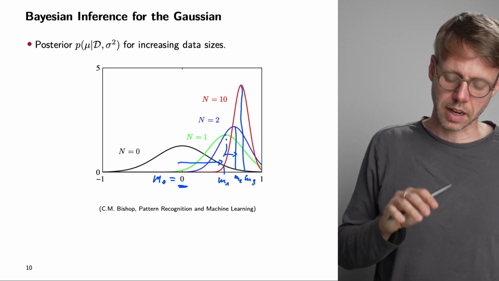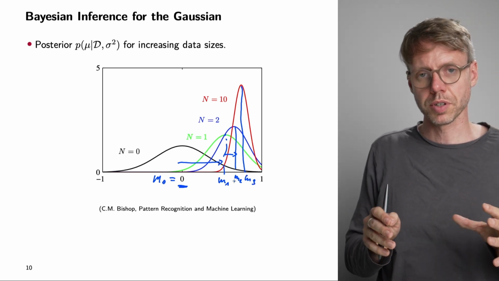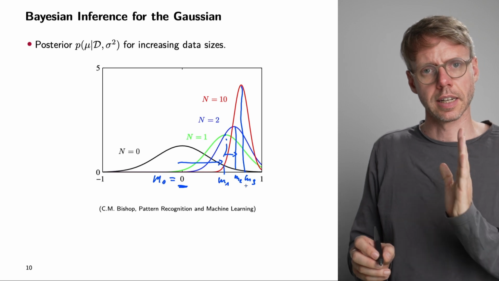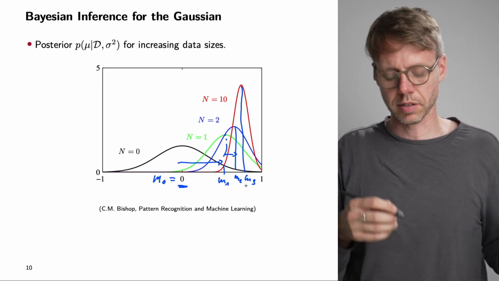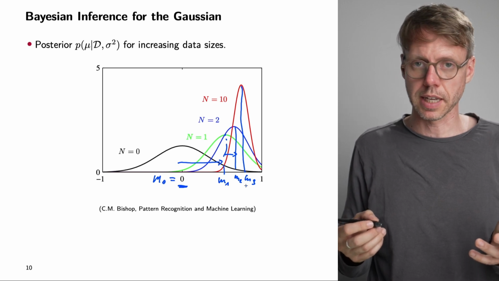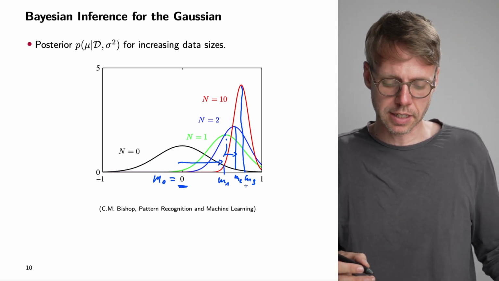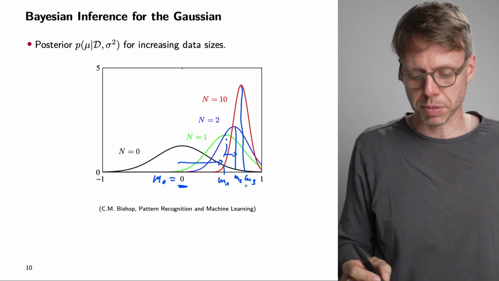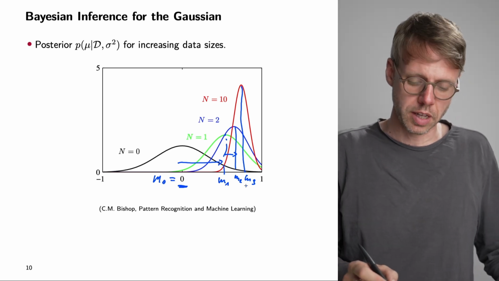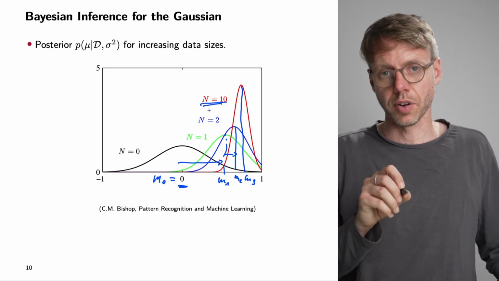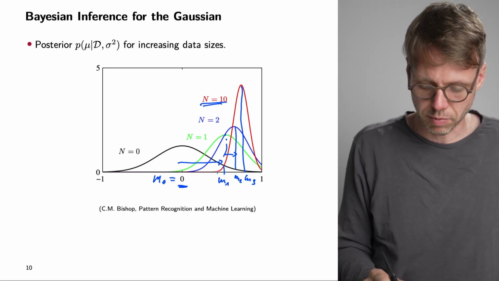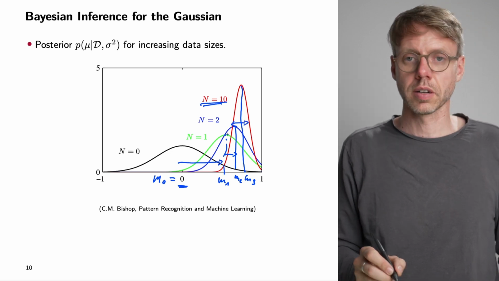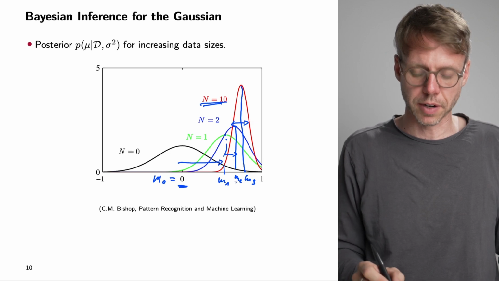And an interesting property is that for any given dataset size, we don't just have a single estimate for the mean. The MAP would be a single estimate, and the maximum likelihood estimate would be a single estimate. But we always keep around a whole distribution of plausible values. So for a dataset of size 10, we would say that the whole red distribution here would be plausible, say in this range here.